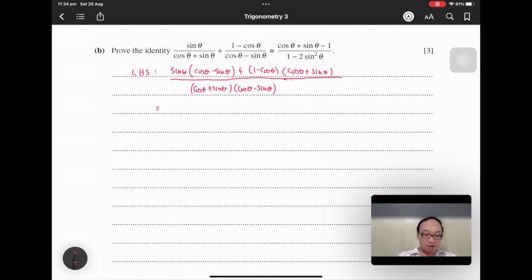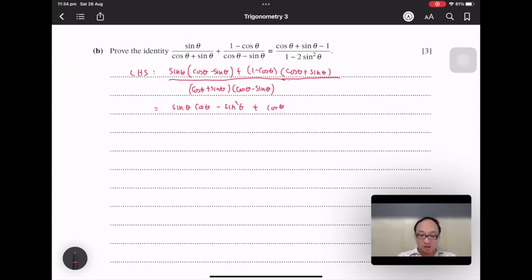So, I expand: sin theta cos theta minus sin square theta plus cos theta plus sin theta minus cos square theta minus cos theta sin theta over the denominator, which is cos square theta minus sin square theta.